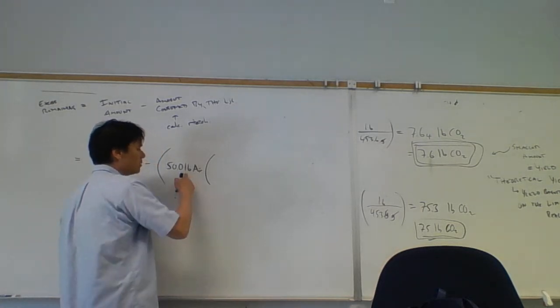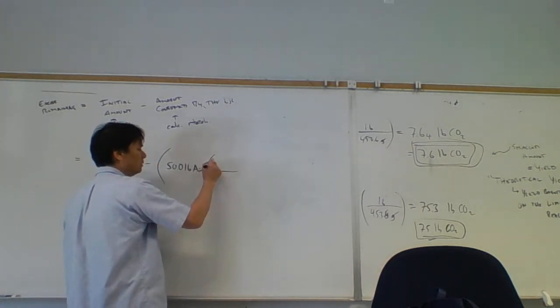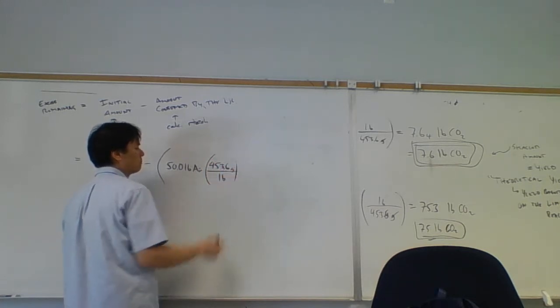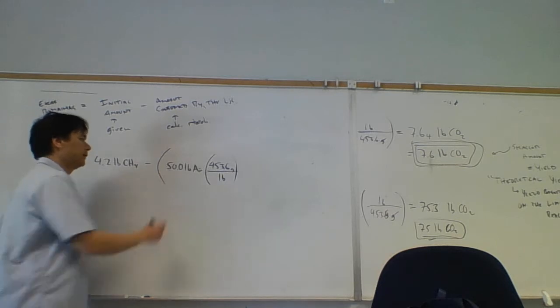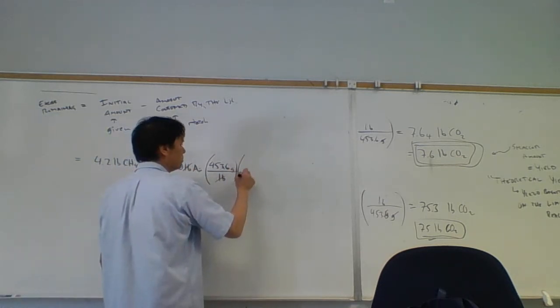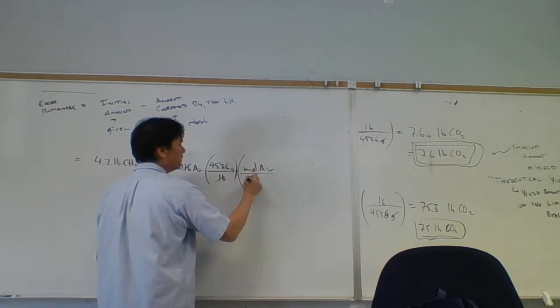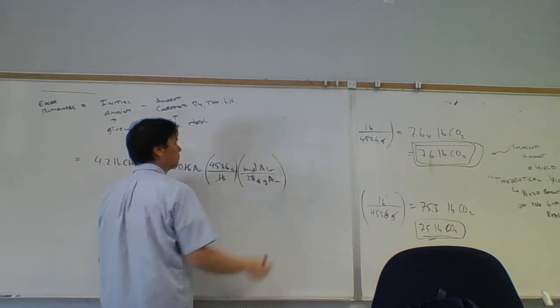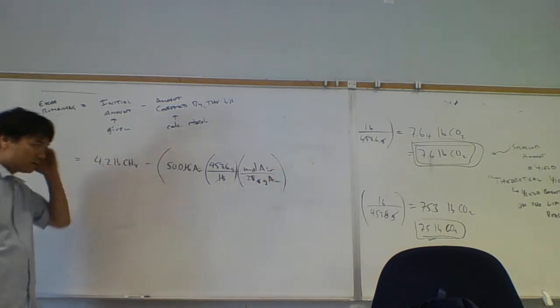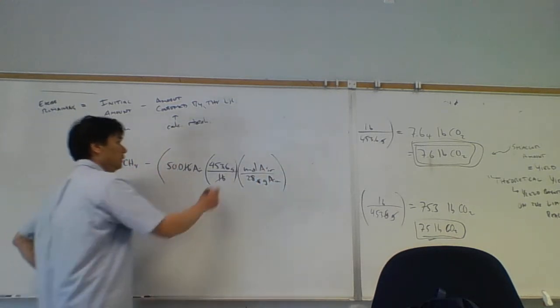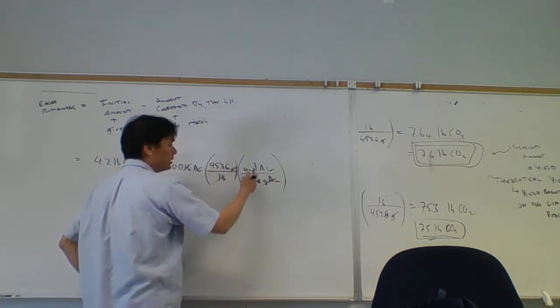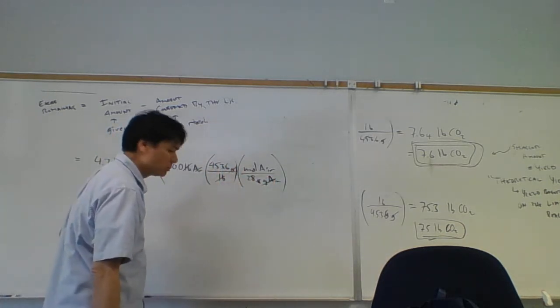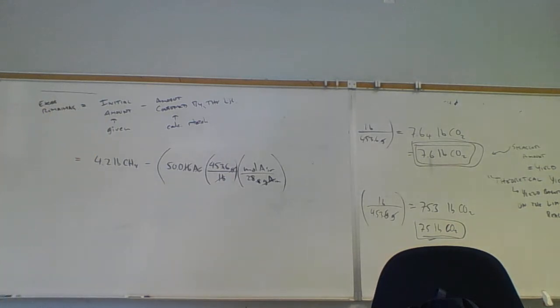So what we're going to do is we're going to go from pounds of air to grams of air. And then from grams of air, we'll go to moles of air. So a mole of air weighs 28.8 grams. So molar mass flipped over. That takes grams of air out, and that gives us moles of air. From moles of air, well, where can we go?